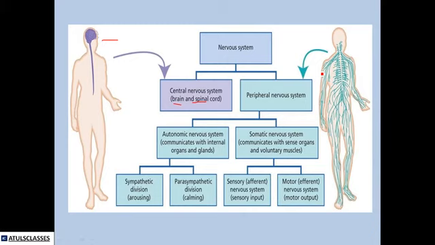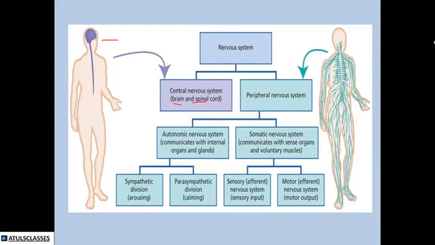So the coordination of both these divisions makes the organs function. The functions of this nervous system are autonomous, and they are not totally controlled by the human body.